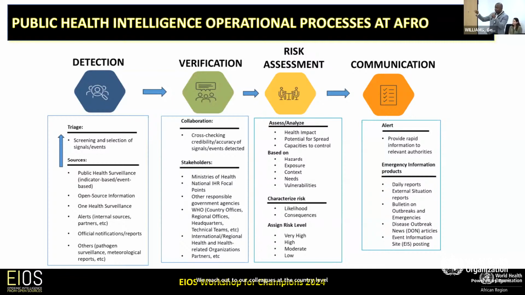Once a signal is verified and confirmed, we also carry out the risk assessment, which determines the level of response we need and how we can support the country. And then we also communicate all this information among our team, but also with other people within WHO and outside.